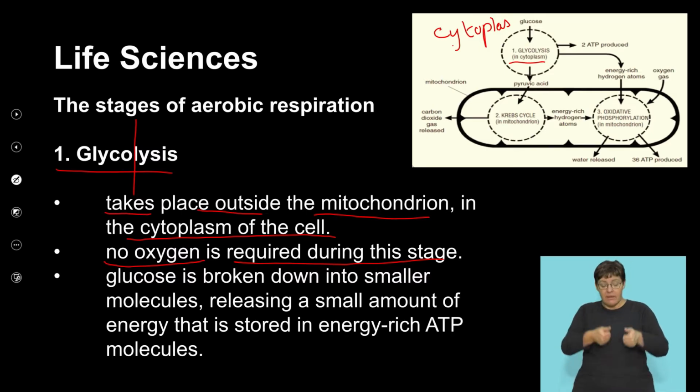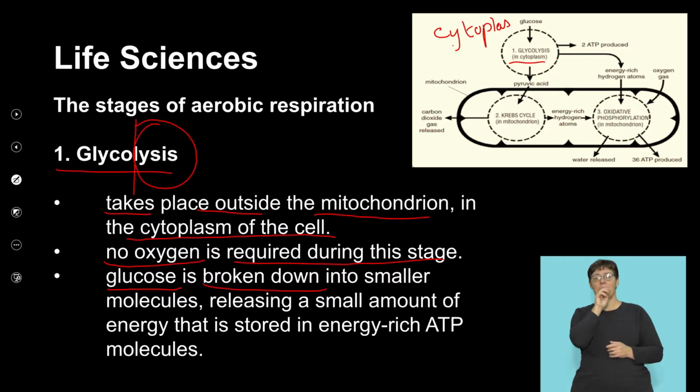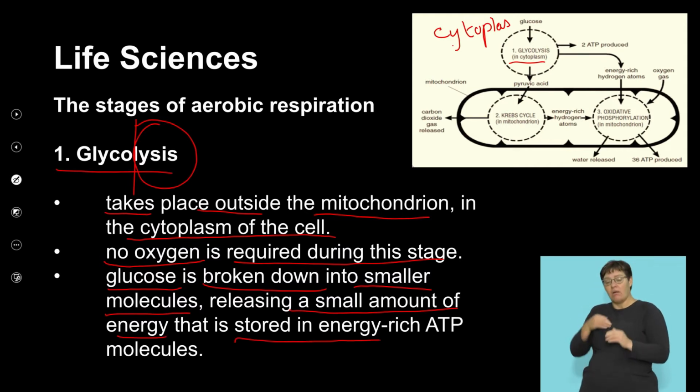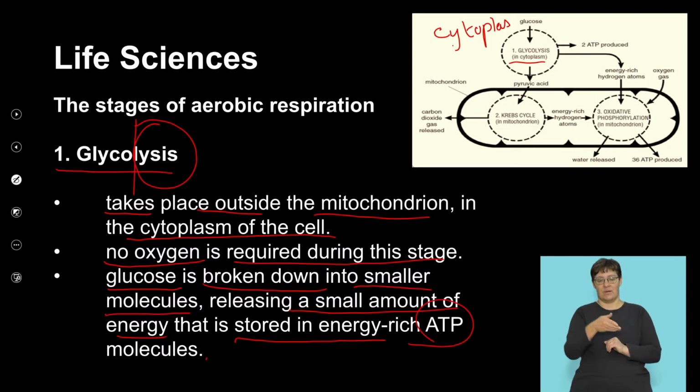The next step of the process is when glucose is broken down. As I mentioned, the word lysis refers to breakdown or splitting. So the glucose is broken or split into smaller molecules. And in that process, they release small amounts of energy that is stored in energy-rich ATP molecules.